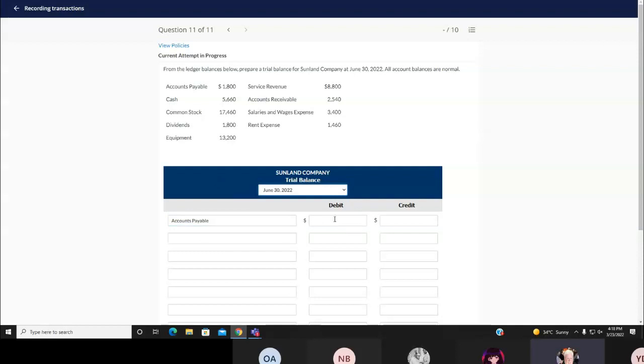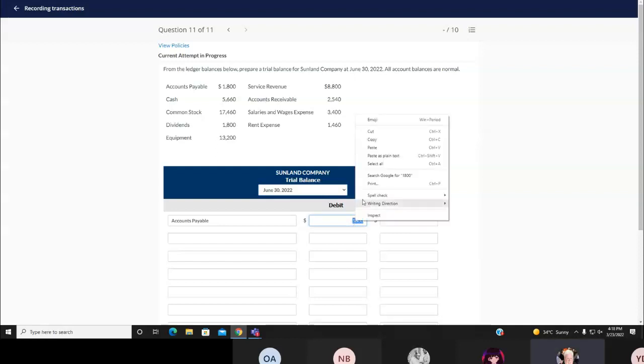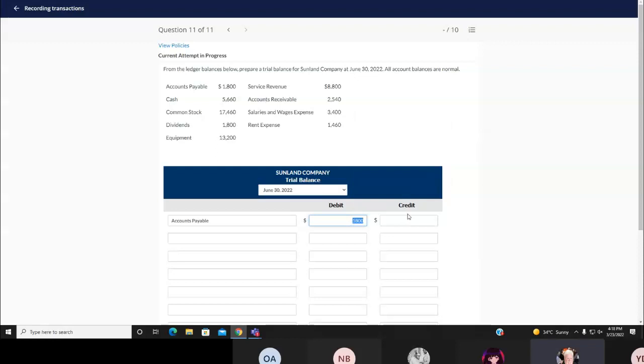Okay. Accounts payable, debit or credit? Okay, put it on the credit side. It's a liability account, so it has a credit balance.